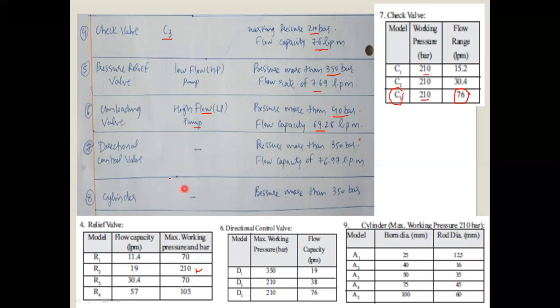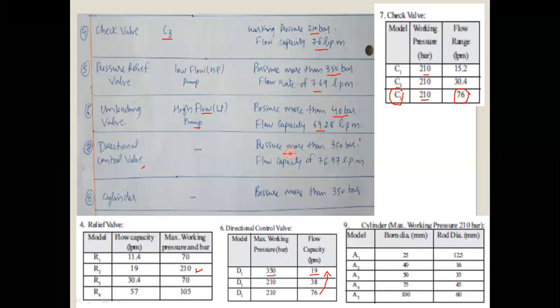Next is the direction control valve. We are using a 4x3 direction control valve. If you see the values here, the maximum pressure we are getting is 350 bar, but the flow rate for the 350 bar is 19. Suppose if 76 was here, then we would have considered D1. So we can't consider this one.